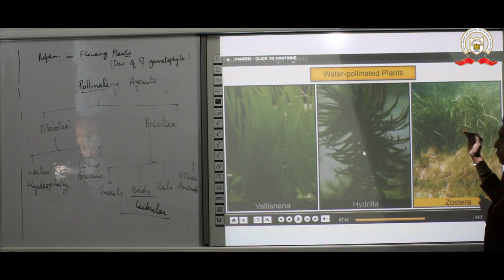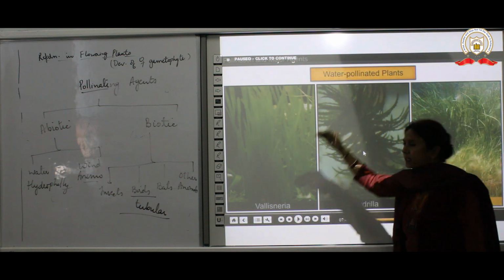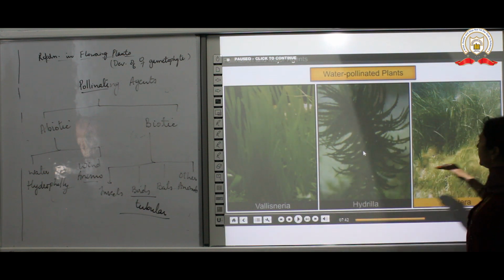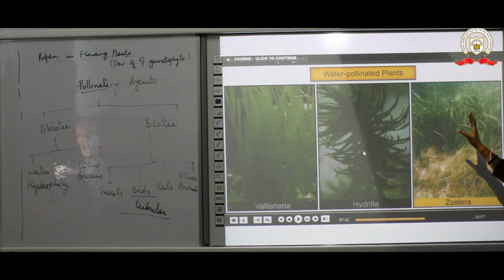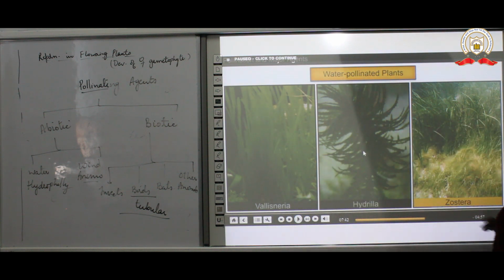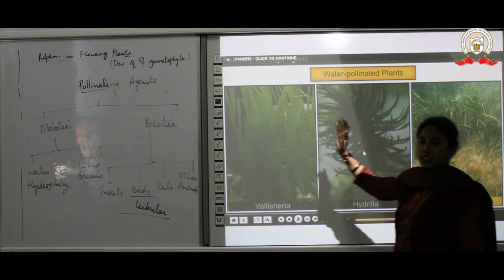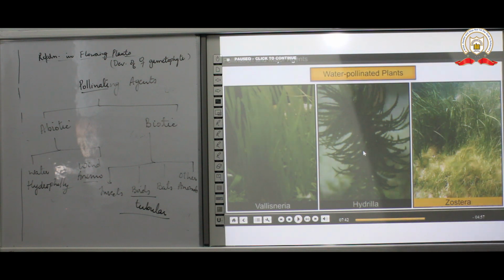But for the plants which are submerged, with the flowers submerged inside water, the pollen grains are released within water, so that they can easily reach the stigma, ensuring the process of transference.